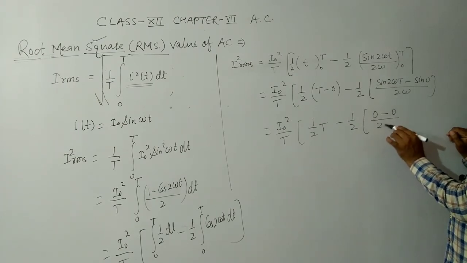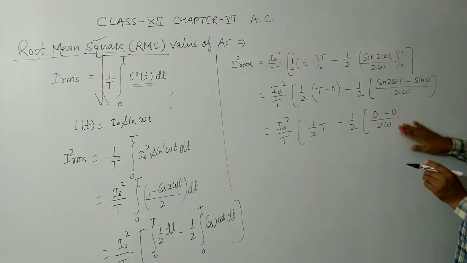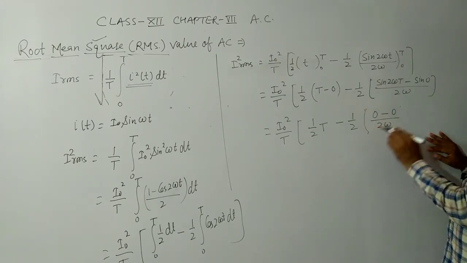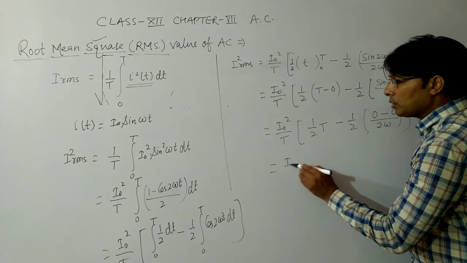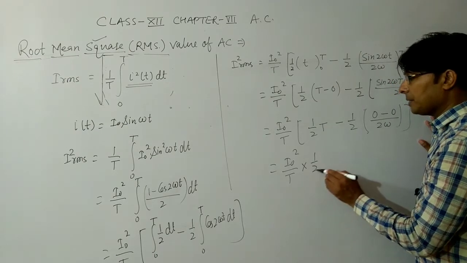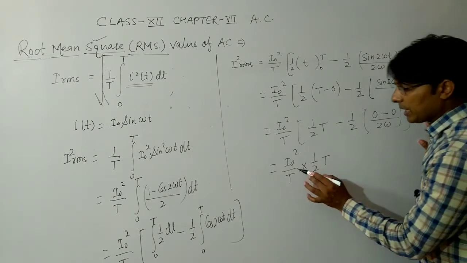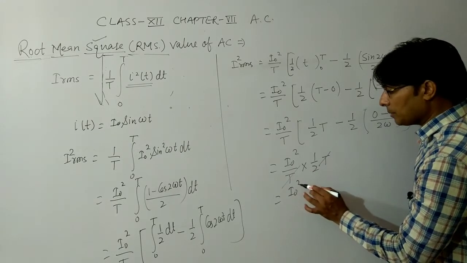So 0 minus 0 divided by 2 omega comes out to be 0. Therefore, I can write this term as 0. So it is I naught square upon T into half capital T. So T will cancel out, and it is I naught square upon 2.